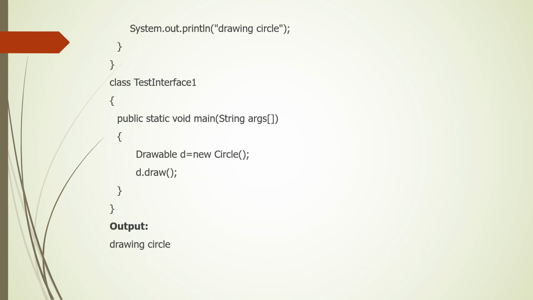It implements the draw method by printing the message drawing circle. Then in the main class and method, we have an object for the Circle class. So d is the object name. d.draw will call the method implemented in the Circle class. System.out.println of drawing circle prints drawing circle.